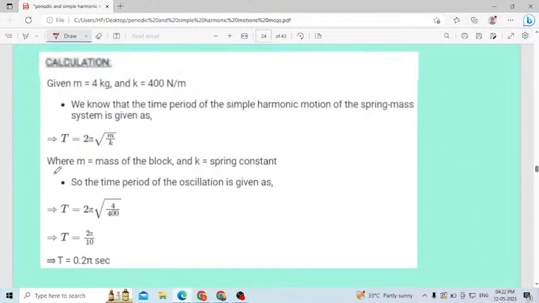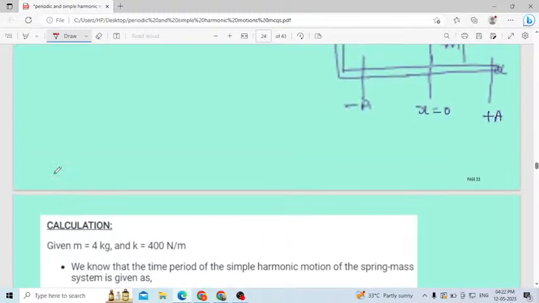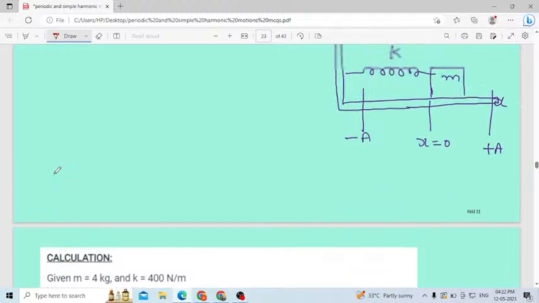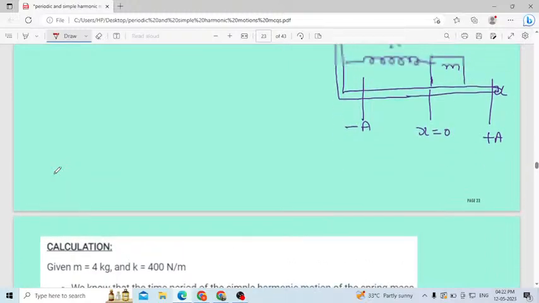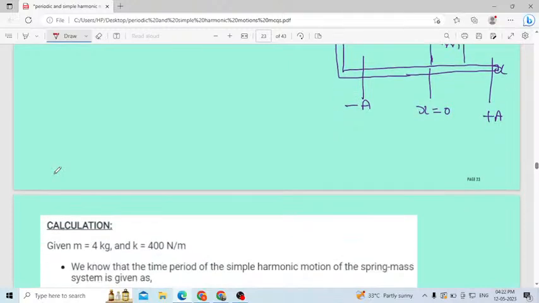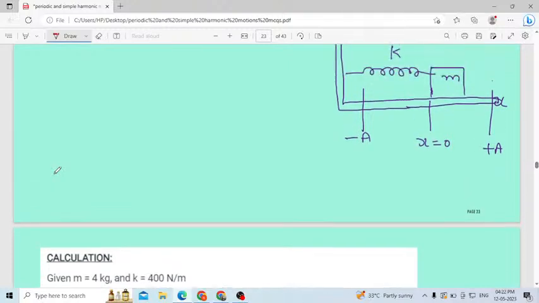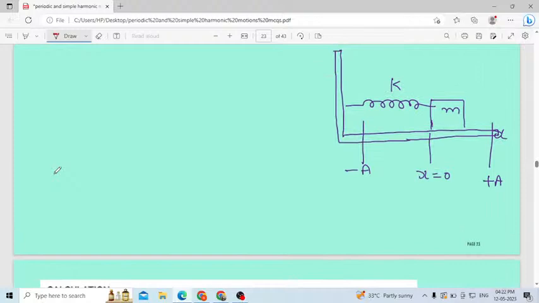Okay, I will explain here. Consider this diagram. This is the spring, represented by a constant k.